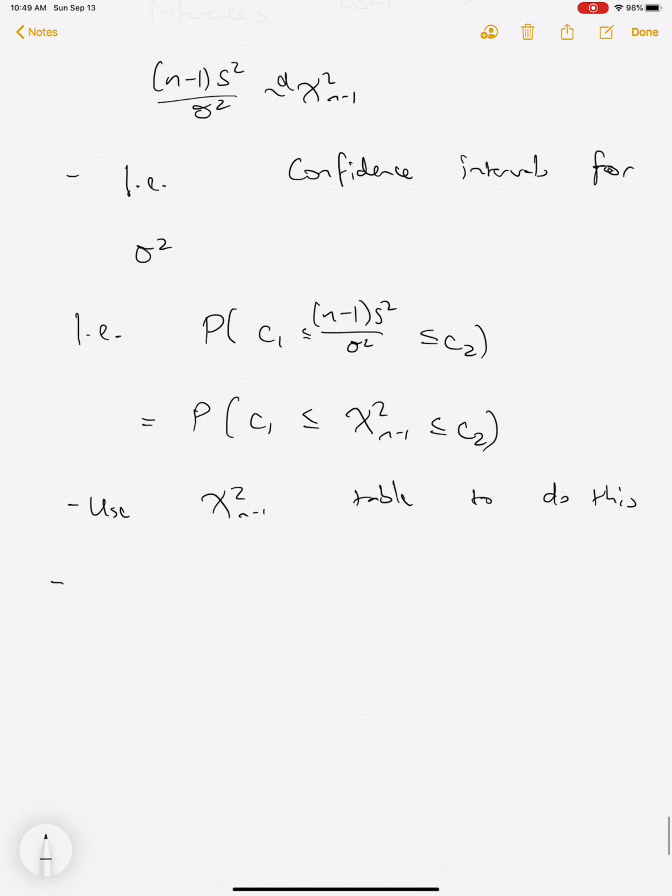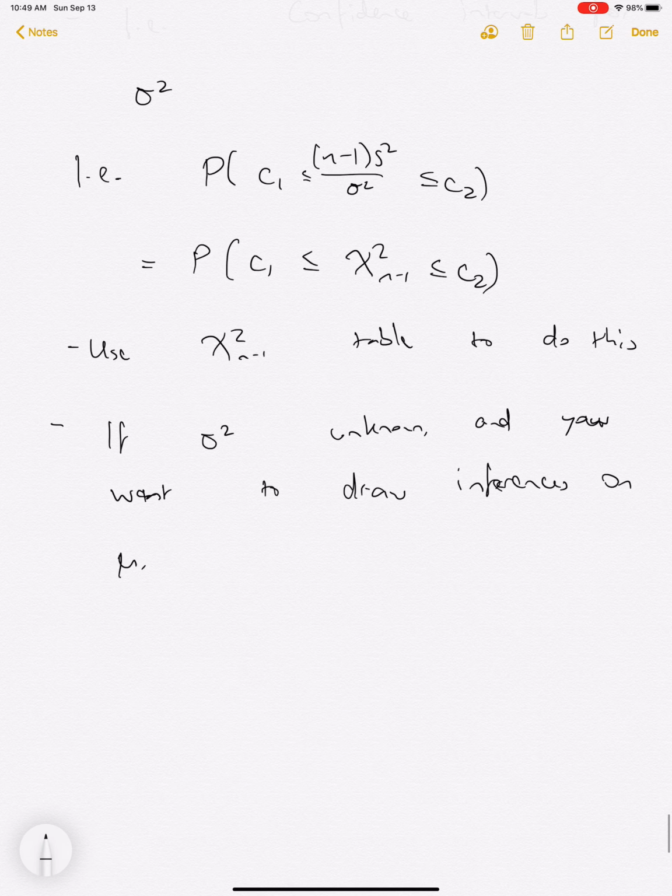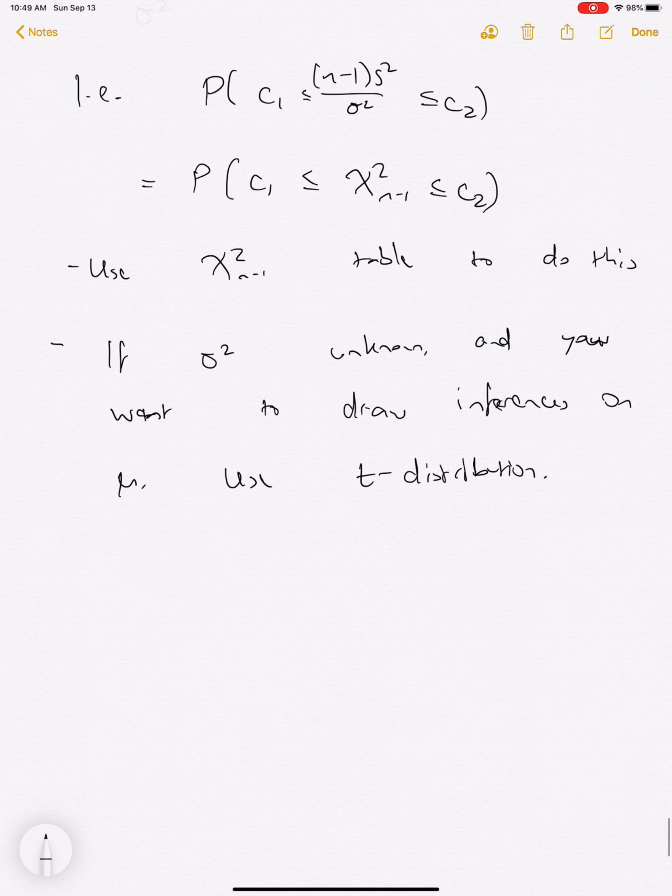And the other thing you can do is, if sigma squared is unknown and you want to draw inferences on mu, you can use the t distribution.